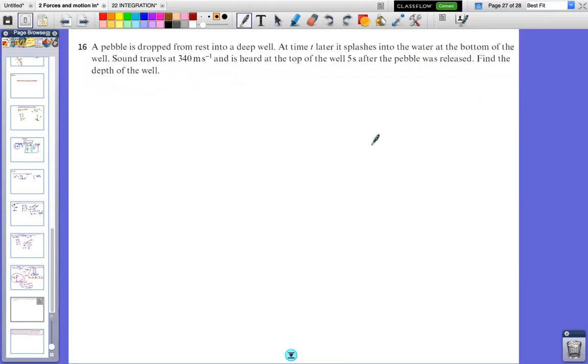So we are told that a pebble is dropped from rest into a deep well. At time t later, it splashes into the water at the bottom of the well.